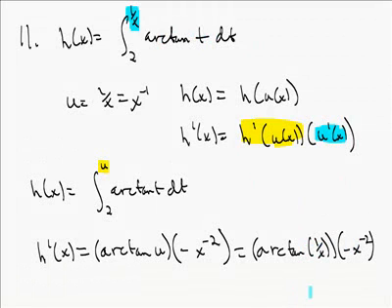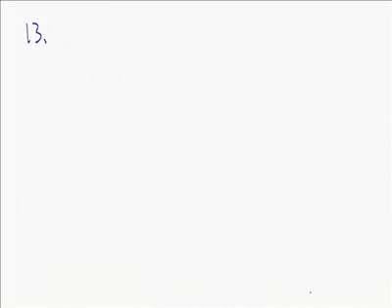It's just an application of the chain rule with the fundamental theorem of calculus. We'll try one more of those. For example, number 13, where we have y equal to the integral from 3 to the square root of x of cosine of t over t dt.